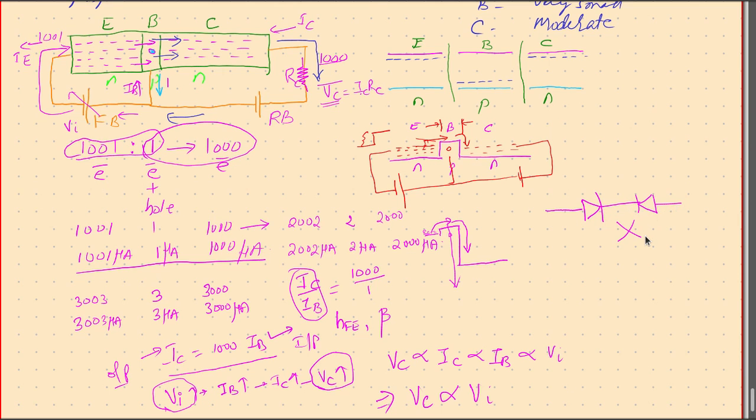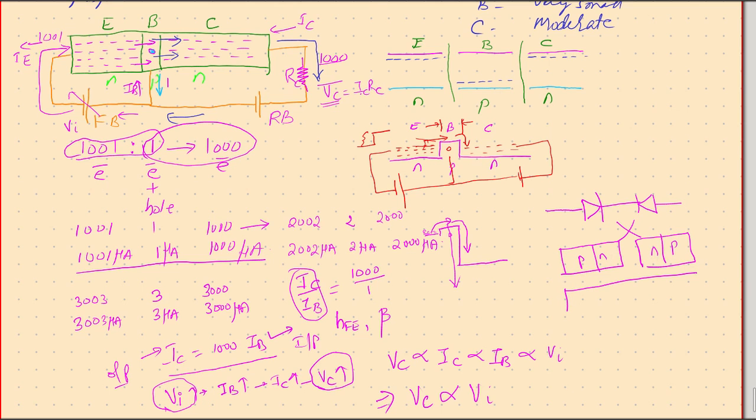And the answer is definitely no, because two PN junctions means a P, an N, and another P and another N. If you just combine them, you get a P here, an N here, another P here and a large N here.